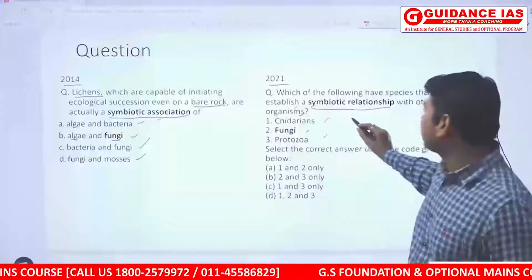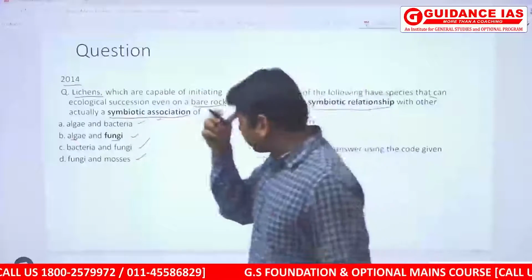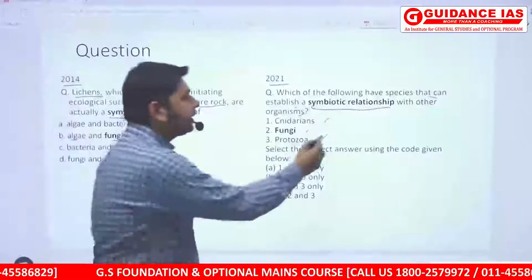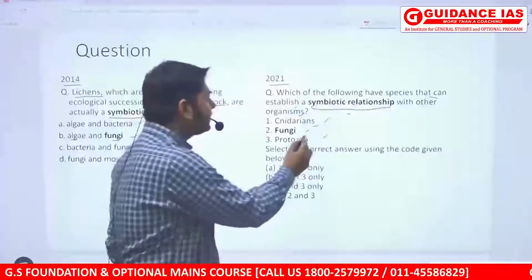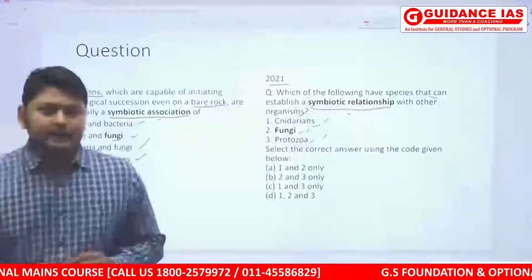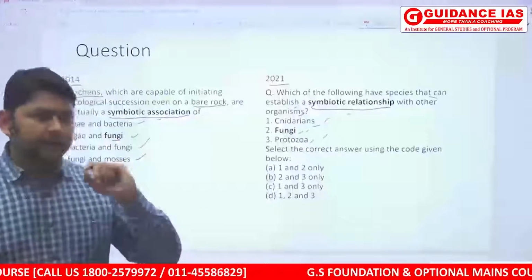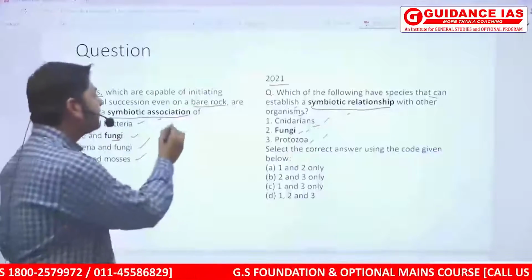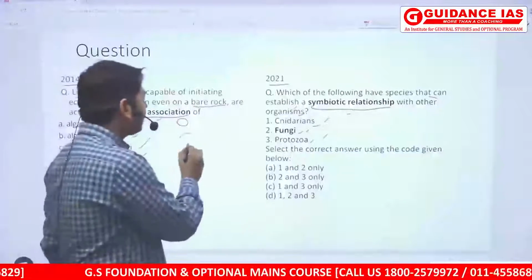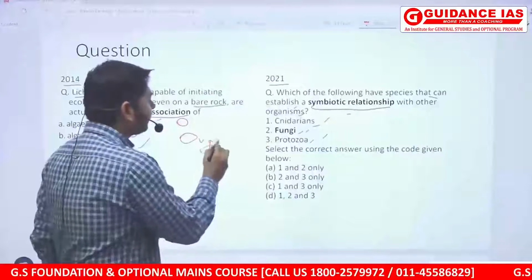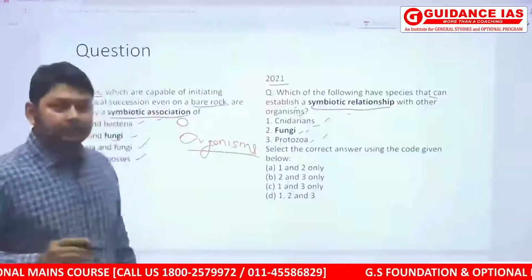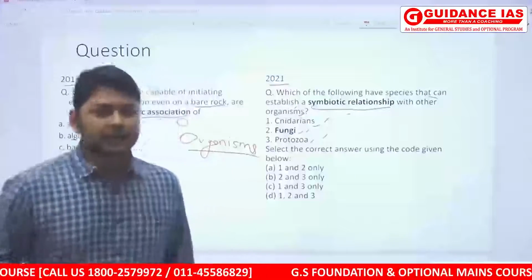Now in 2021, it has asked which of the following species show symbiotic relationships: cnidarians, fungi, and protozoa. For tackling this kind of question, we need a very basic approach: what are the different kinds of symbiotic associations, what are the different organisms, and how they form different kinds of relationships.